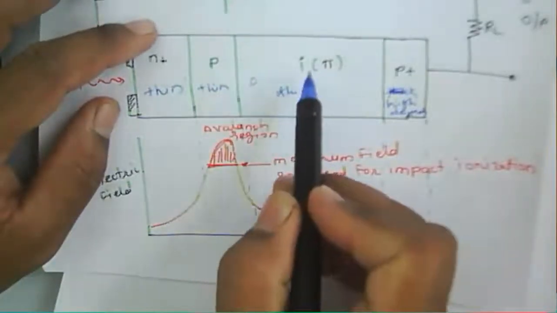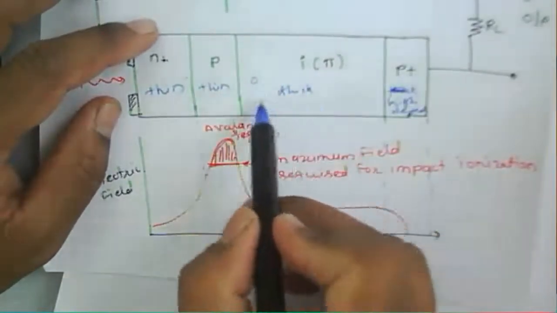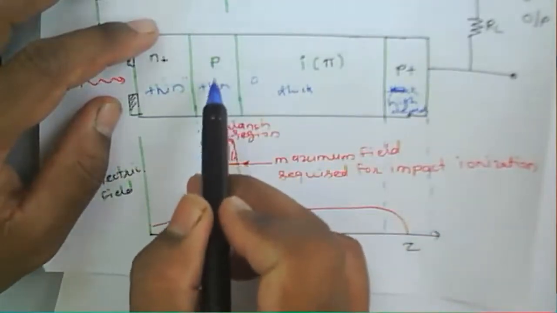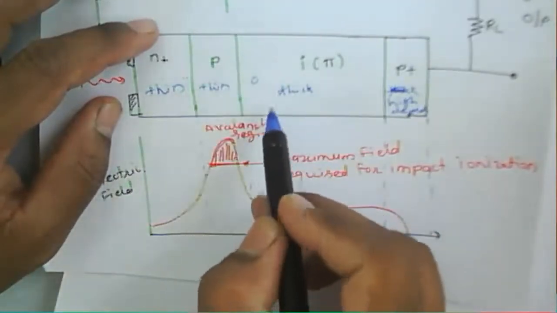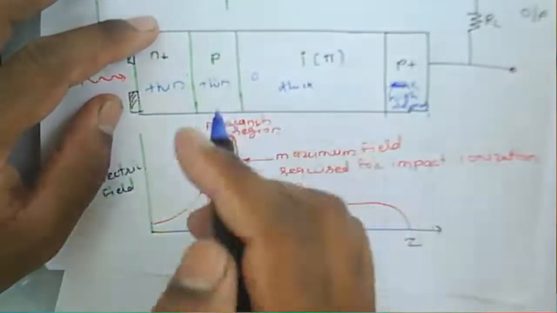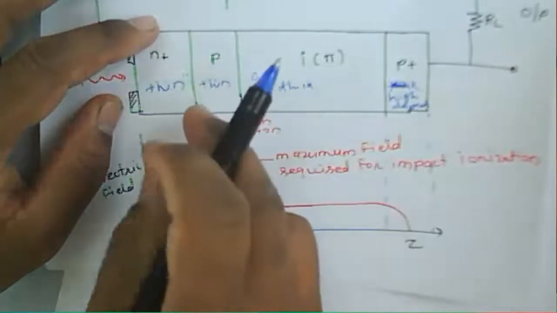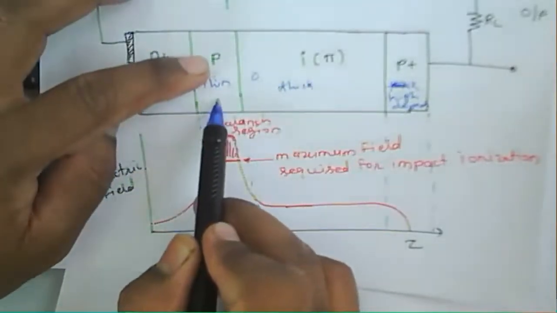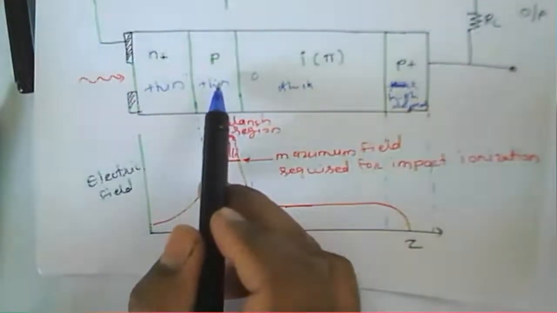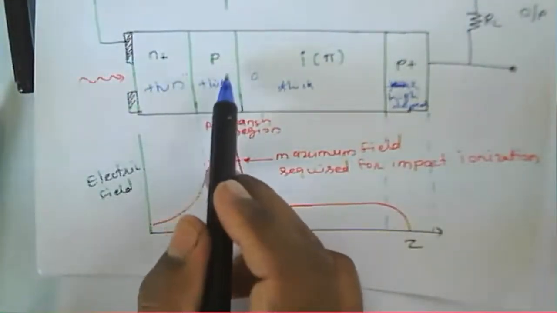Photo generation takes place in this intrinsic region, and the avalanche multiplication takes place in the p region. Here the photo generation, meaning electron hole pair generation, takes place in this I region, and avalanche generation takes place in this particular region. That avalanche multiplication process will generate the avalanche photocurrent.